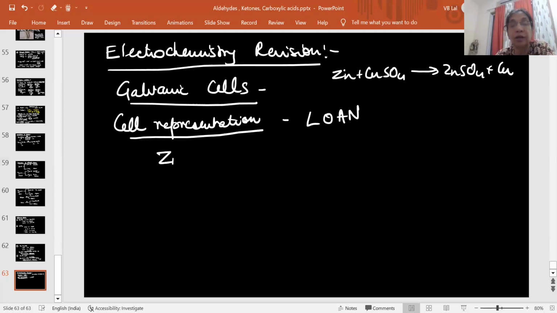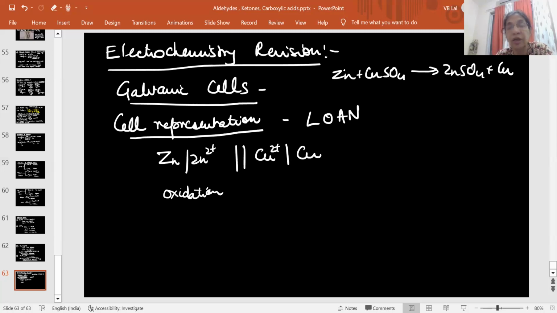What is happening at the anode: Zn is changing into Zn2+. You have to write this double line which shows a salt bridge, and then the Cu2+ changing to Cu, right? So this is the oxidation half of the cell, and on the right side it is the reduction half.